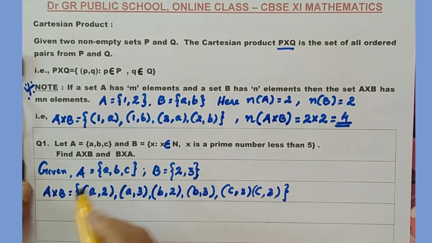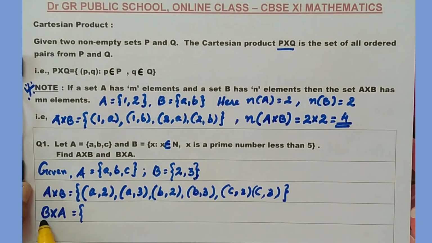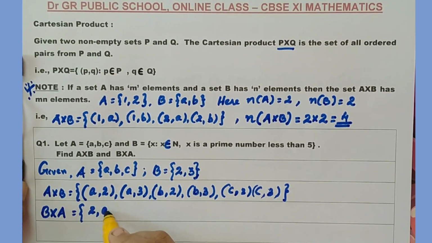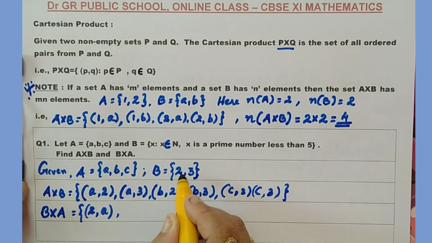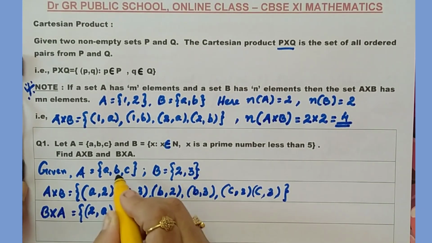But you are asked to find B cross A also. When writing B cross A, you need to remember the first element will be from the set B and the second element will be from the set A. Okay, the first element is 2. I am going to write with the second element: (2,a), then again (2,b), then again (2,c).